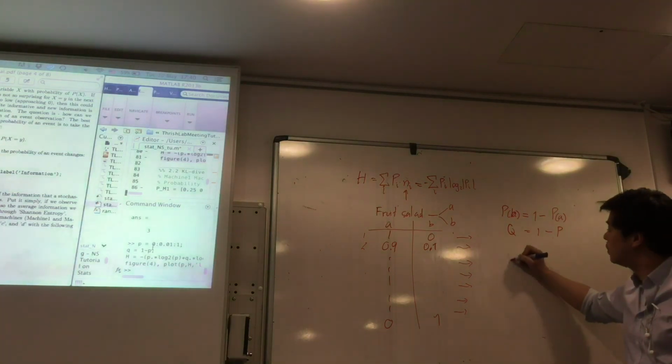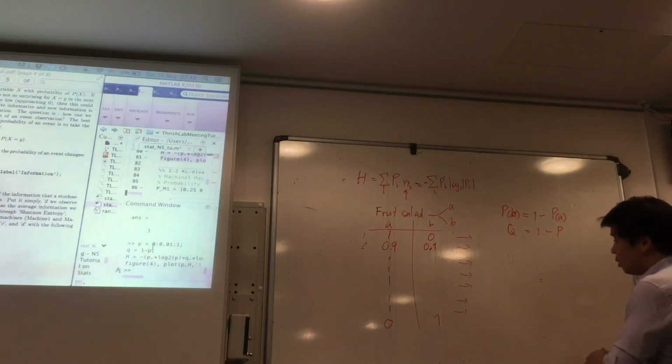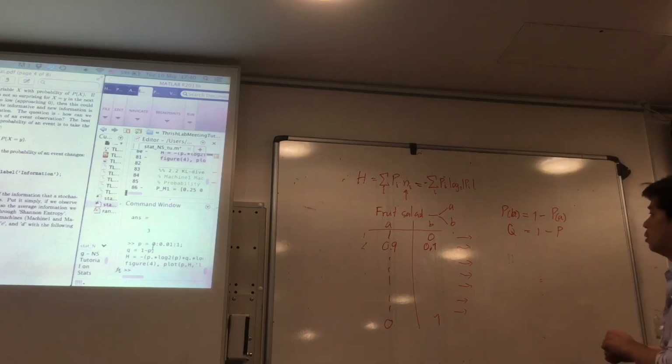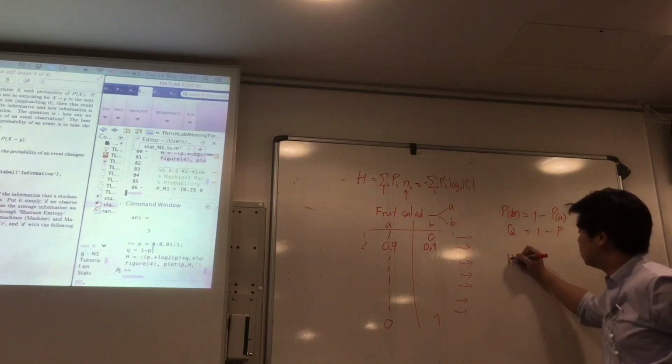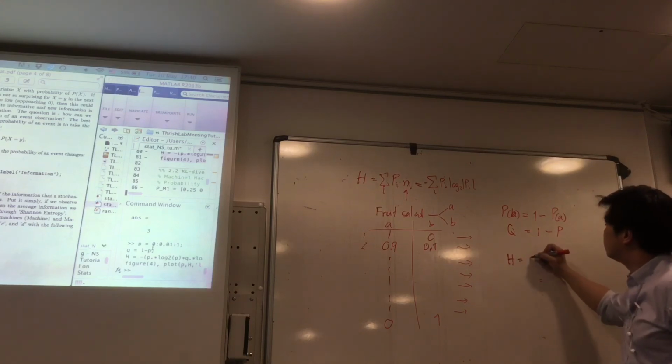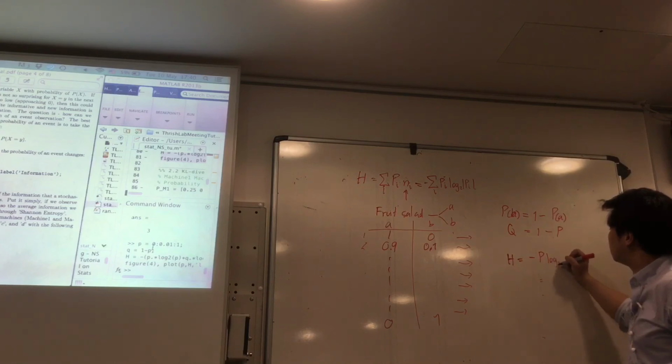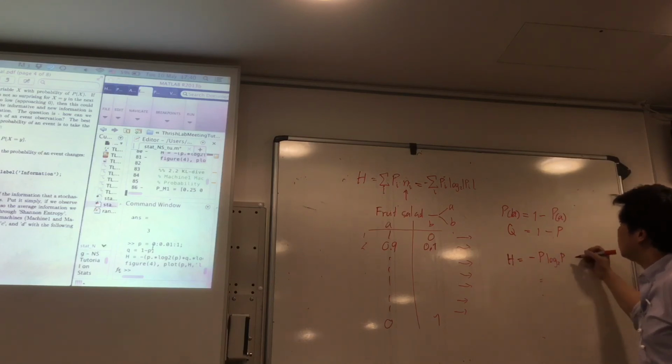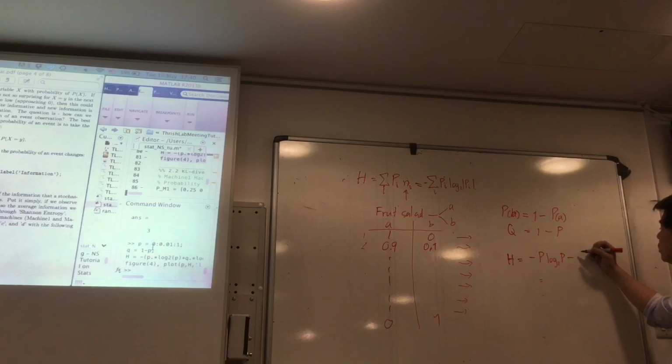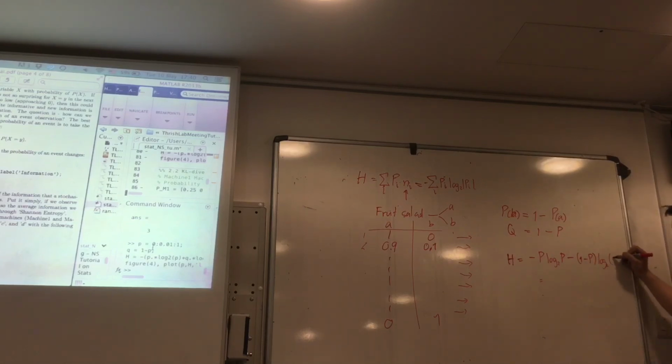So now Shannon entropy is negative P log P minus (1 minus P) log (1 minus P), right?